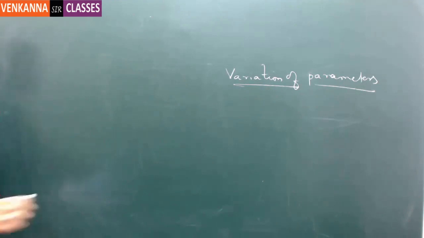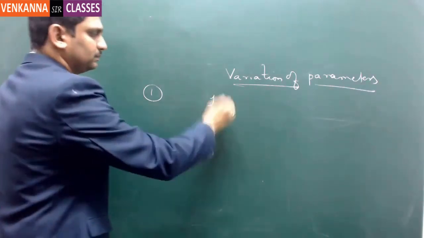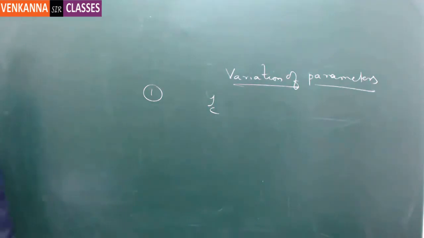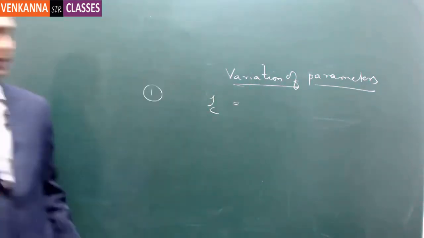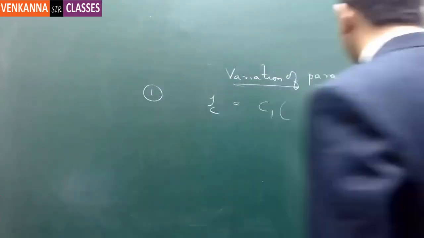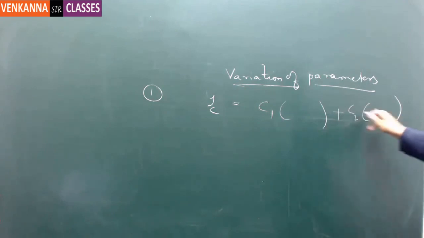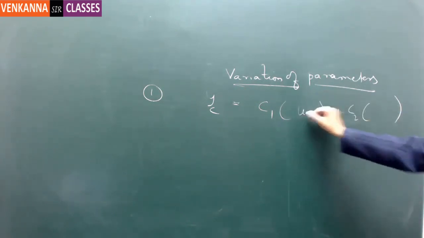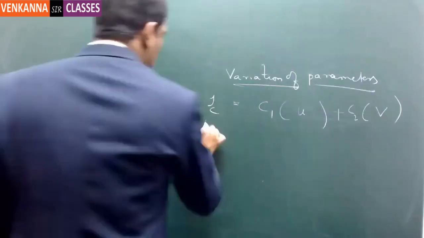So I will write the procedure. First thing is, for the given problem, we have to find yc first. Obviously, we are doing only second order differential equations, so it will be C1 into something plus C2 into something. These two functions, usually we take as u and v.